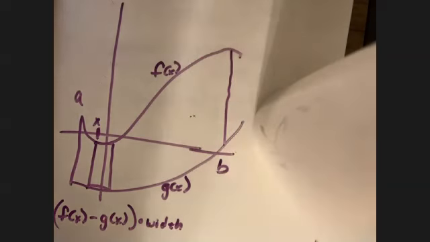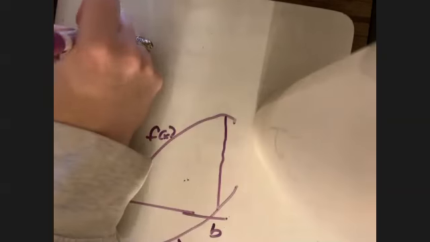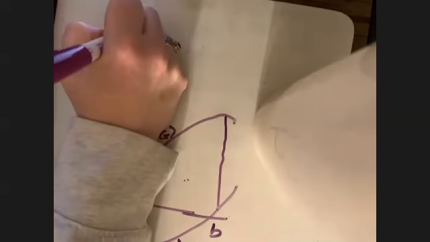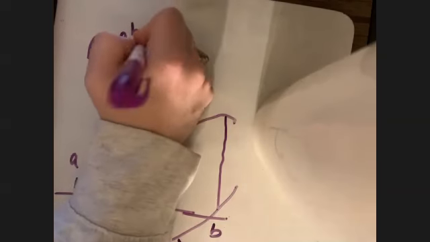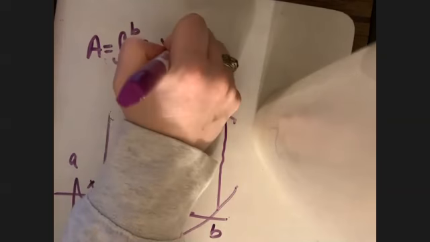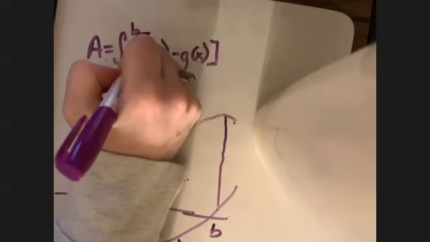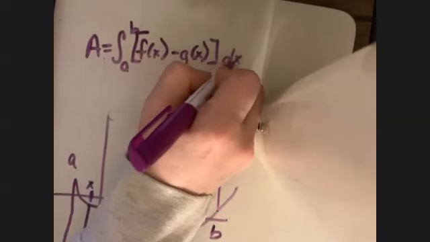So what happens is if I want to find the area between these two curves, the area is going to be the integration from a to b of f of x, which is my upper function, minus g of x, which is my lower function, dx.